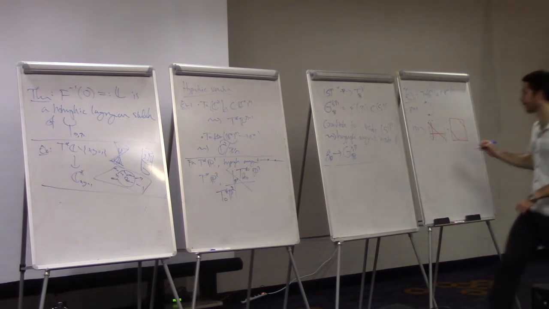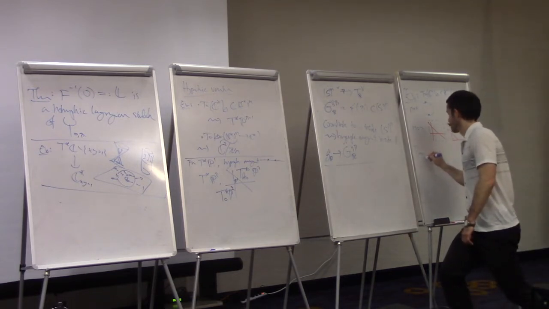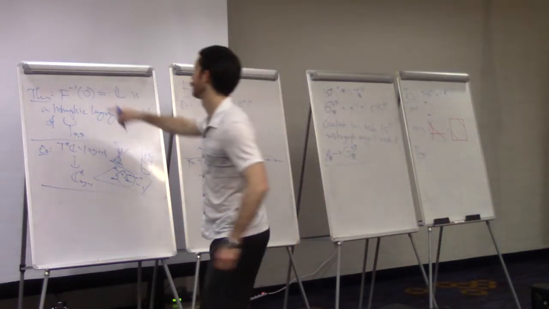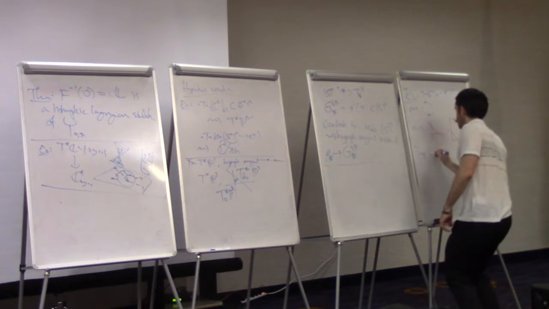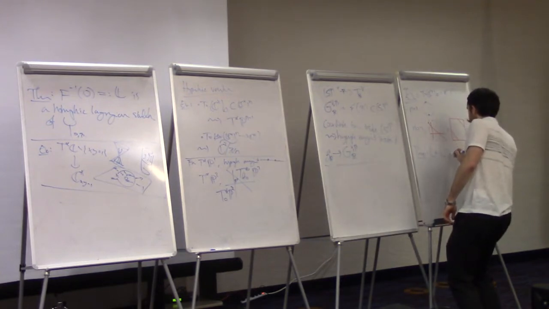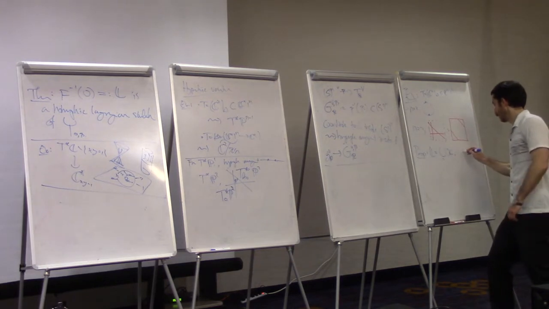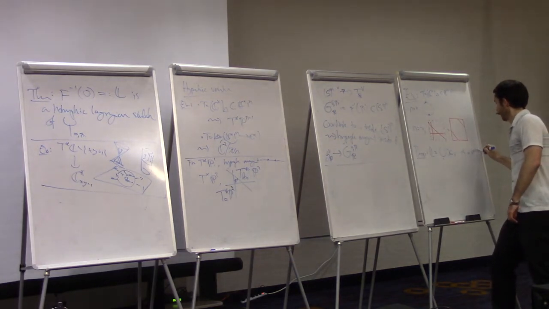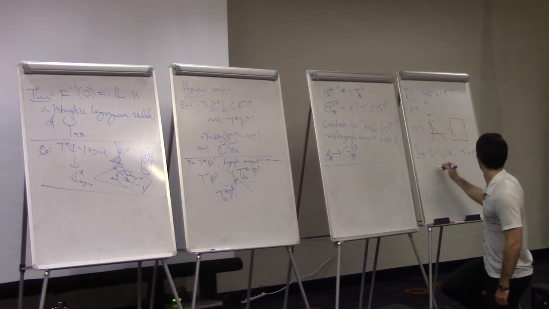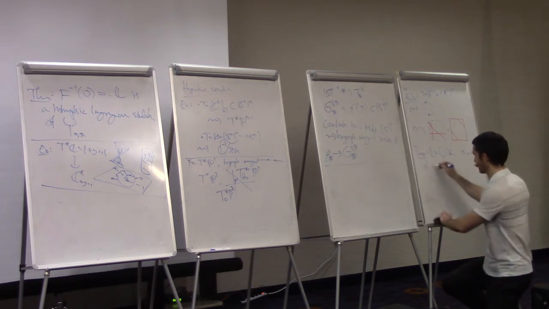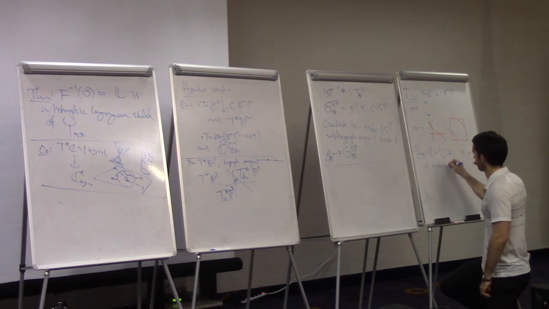So now the theorem, proposition, whatever, is that F inverse of 0, or this Lagrangian skeleton L, is a union of smooth orbifold toric varieties. Smooth and orbifold mean the same thing to me.